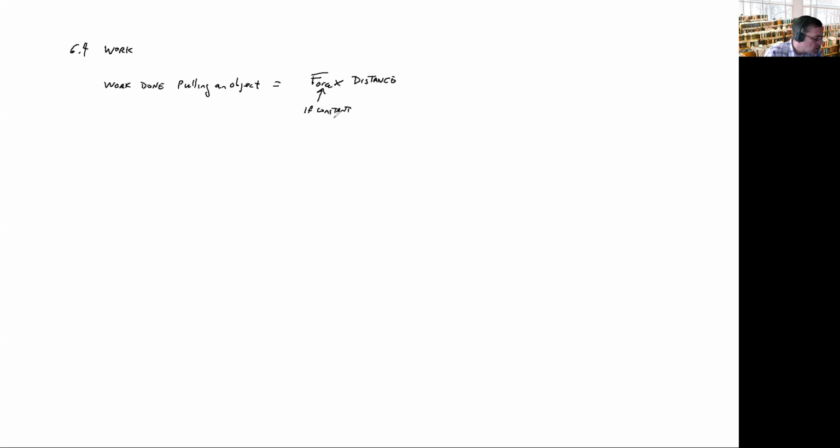Okay, so what if the force is not constant? So let's depict that in the following poorly drawn picture, which I will erase now, and I'll start over.